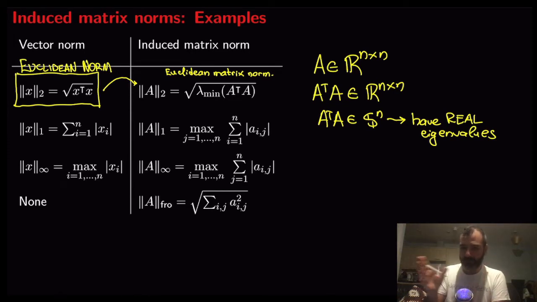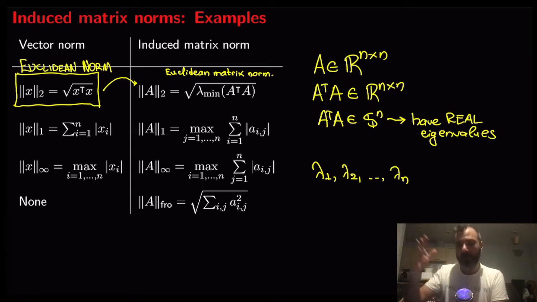Since they are real, they're on the real line, they are like this, lambda 1, lambda 2, and so on. Lambda, how many? N. It is an n by n matrix, it has n eigenvalues. So there is the smallest one, then the one after that, and so on, and the largest one. I'm taking the smallest one.